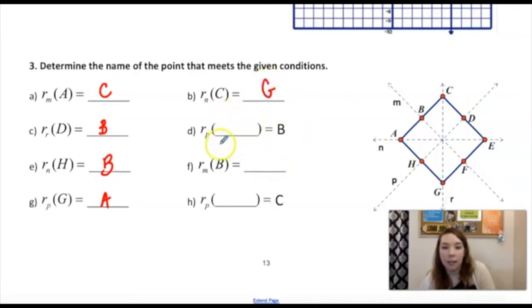It says what flipped over P is B. If I work backwards from B and go back over line P, it looks like I would have started at F. So F flipped over P is point B. B over M is still B because it's right on line M. And then what flipped over P is C. If I take C and flip that over P, I would end up at E.